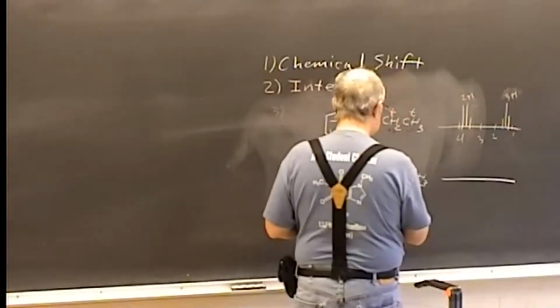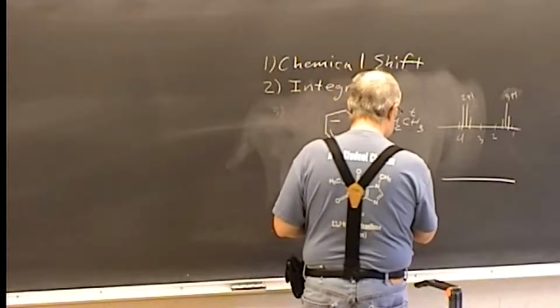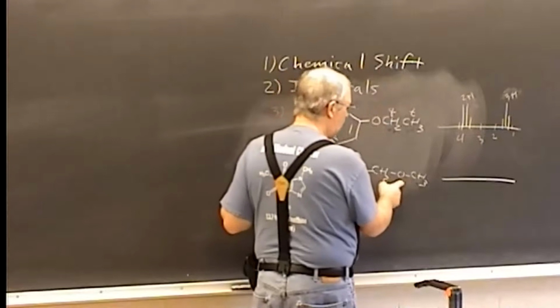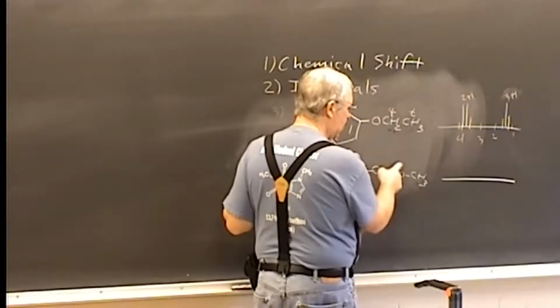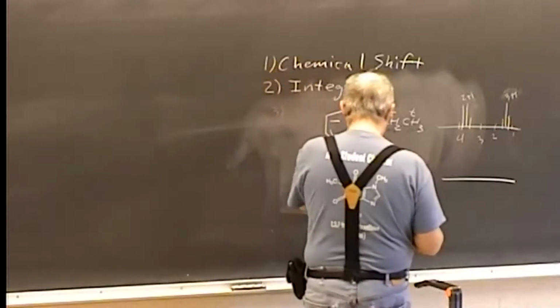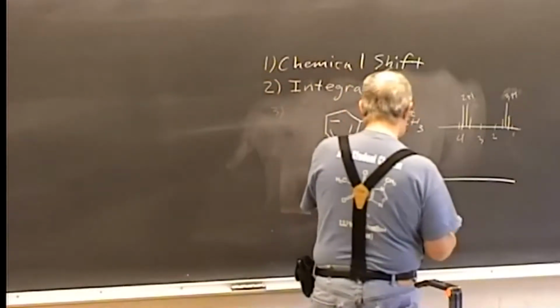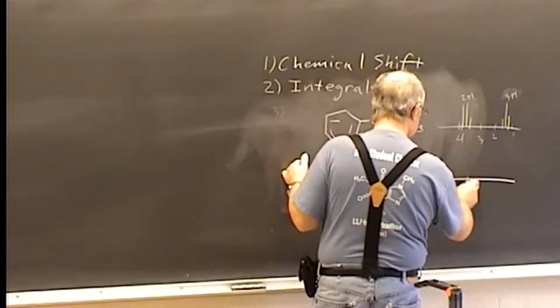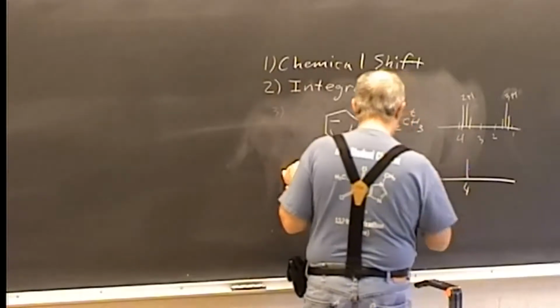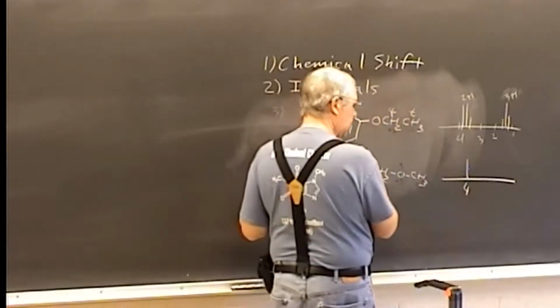Let's look at this. This CH3 would be a singlet, because there are no neighbors. There are no hydrogens on this oxygen. And this would show up around 4, so that would be a singlet. And this would also be a singlet.